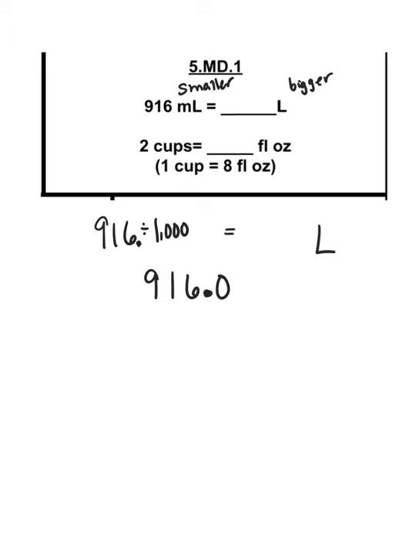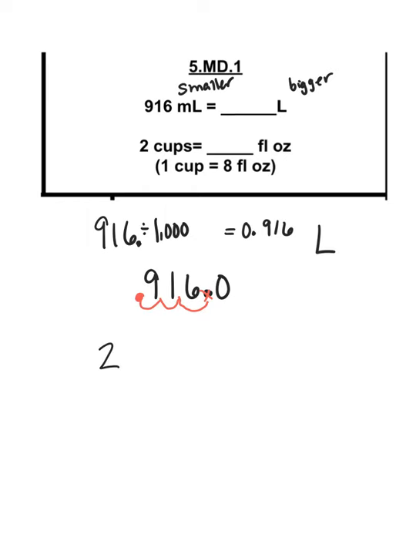Now to divide this number by 1,000, I'm going to move it to the left 1, 2, 3 spots. And so my quotient, or my answer, will be 916 thousandths of a liter. Not quite, just a little bit less than 1 whole liter.